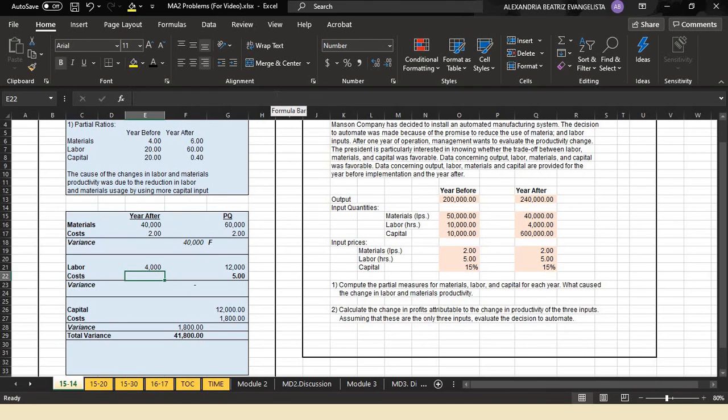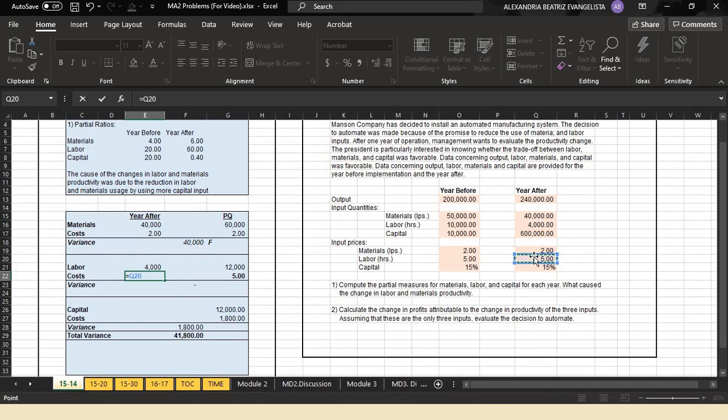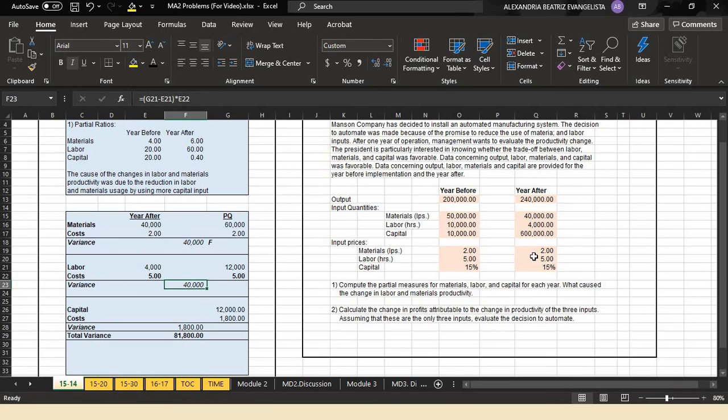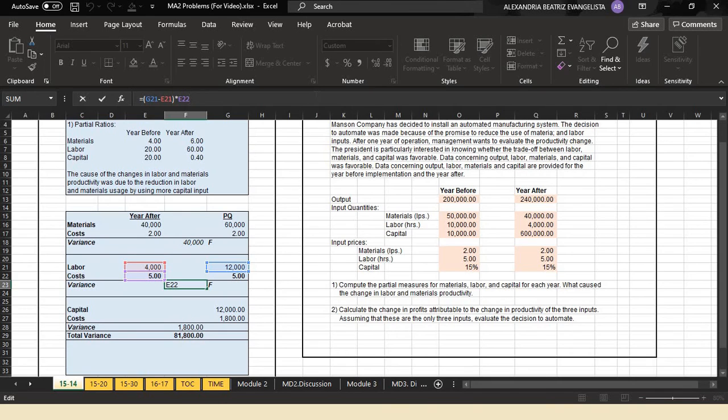So let's input the costs for both year after and PQ. So that is 5, and that would give us 40,000 favorable as well. So again, this is computed by deducting the PQ quantity, which is 12,000, by the year after quantity in labor, which is 4,000, and multiply by the cost, which is 5.